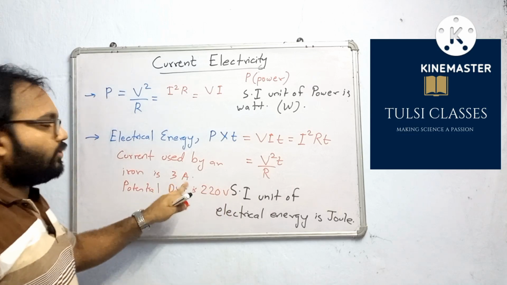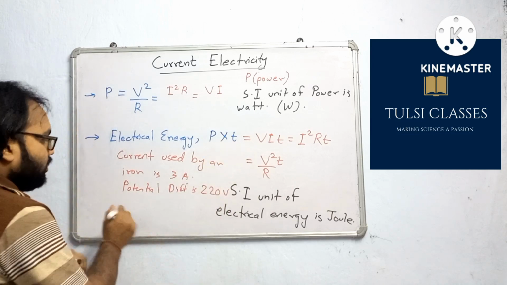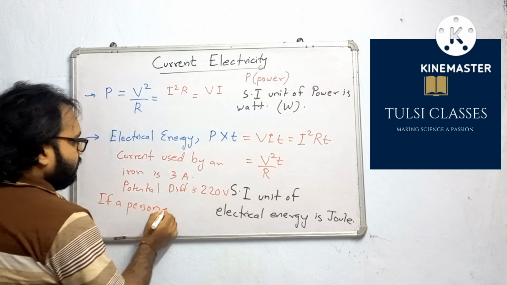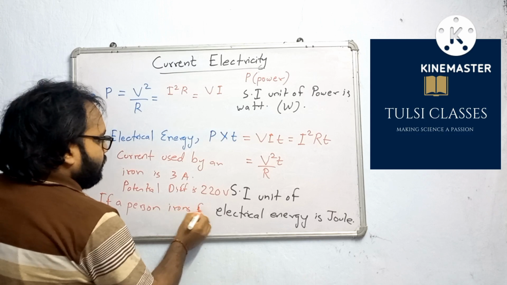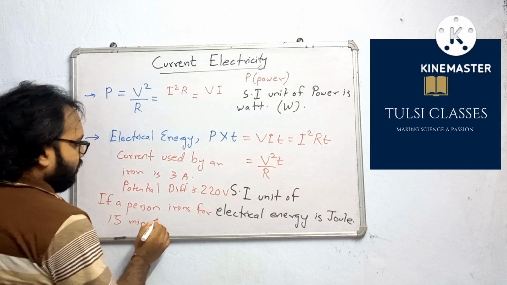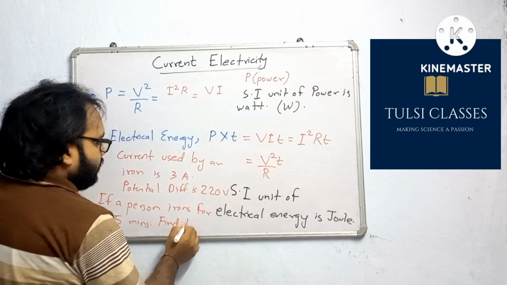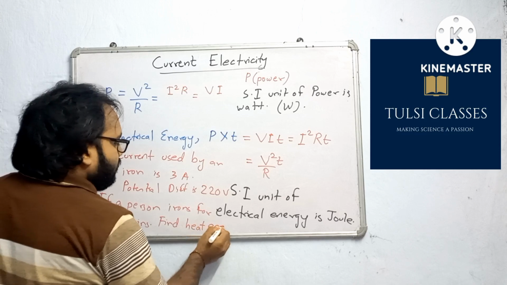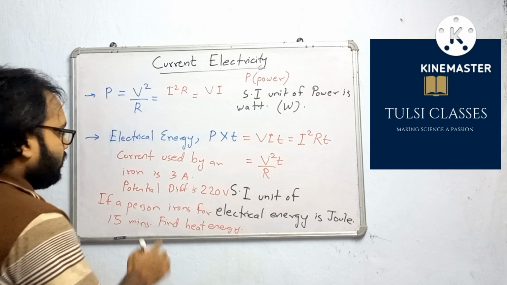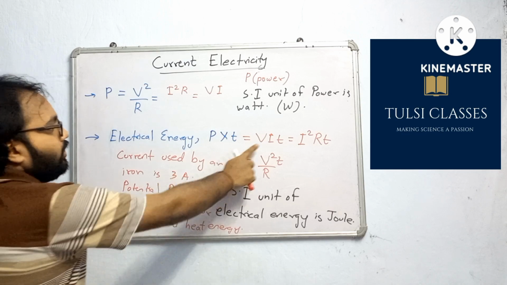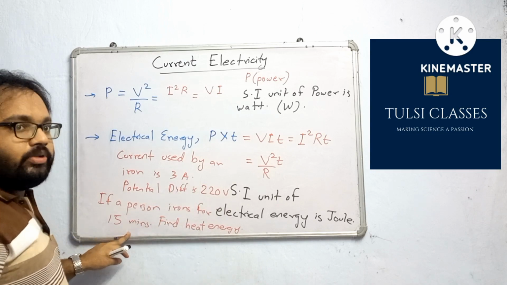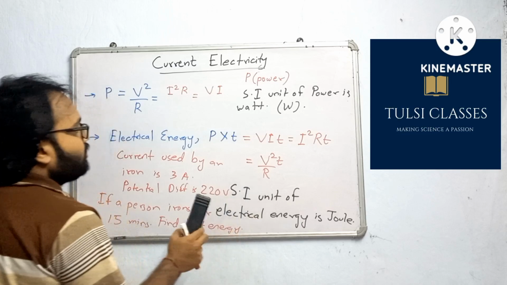If a person irons for 15 minutes, find the heat energy consumed. How will you solve this? Here the potential difference and I are given, so we use VIT. T will not be 15 minutes; it will be converted to seconds, and then we will get the answer in joule.